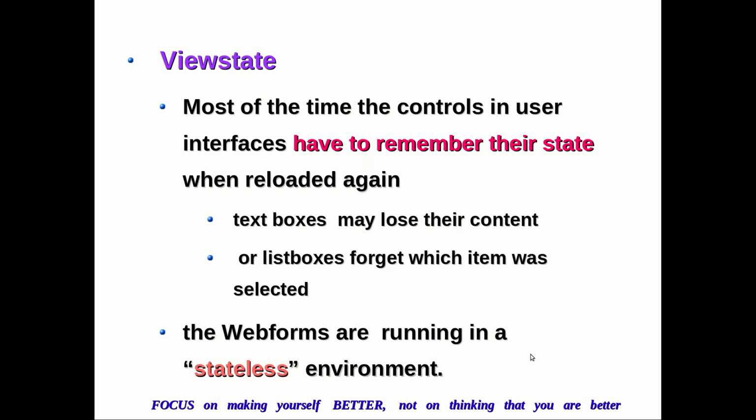The previous state will be remembered using the view state mechanism, where thereby the server can recreate the web pages right from the scratch by including all the previous state information.